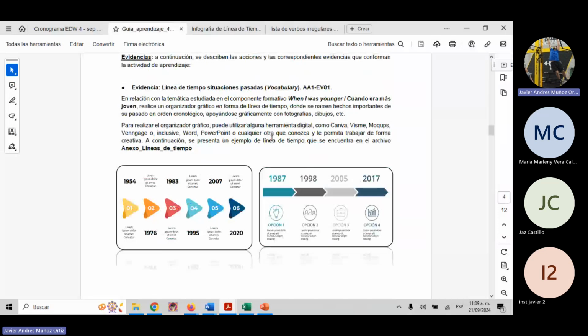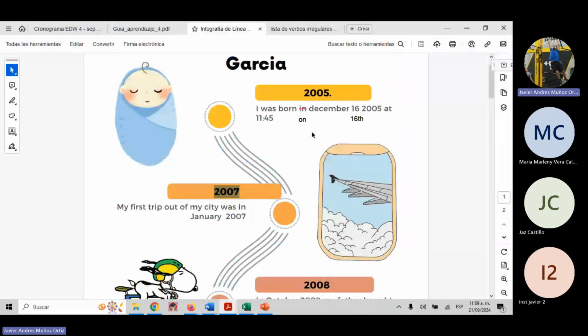A mí, ¿qué es lo que más me interesa o lo que voy a priorizar? Que efectivamente hayan 10 eventos que cumplan con los criterios de la guía de aprendizaje, ¿cierto? Y si comete errores, hay dos opciones. Como aquí a la niña Gabriela, yo le hice algunas correcciones.